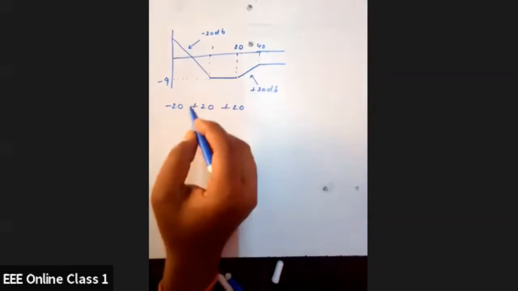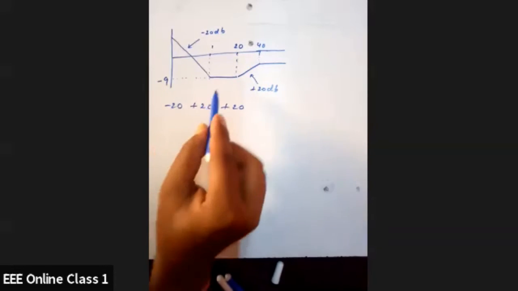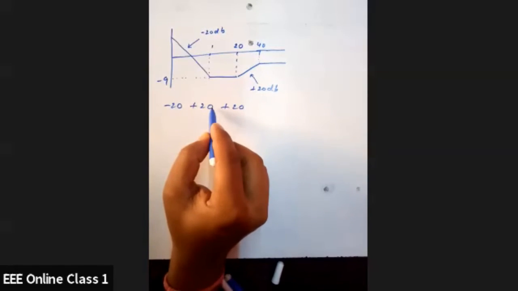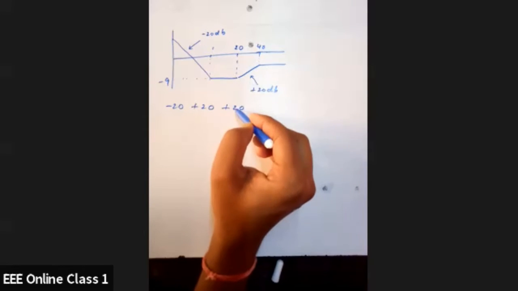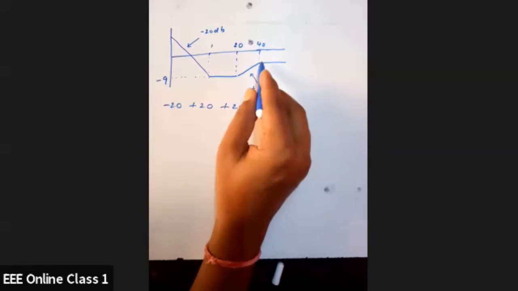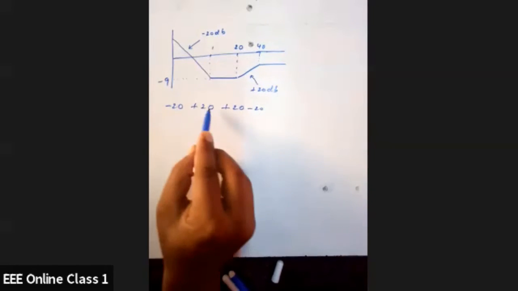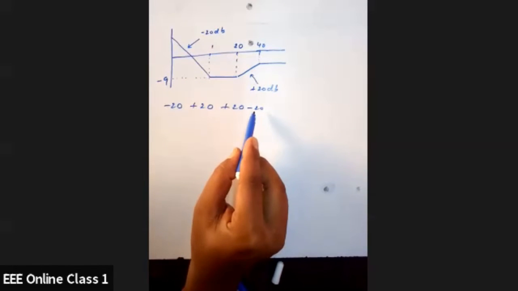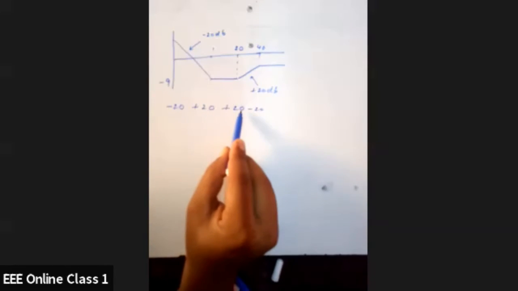So first slope is minus 20, minus 20 plus 20, it has become 0 dB slope. 0 plus 20, it has become plus 20 slope, and plus 20 slope minus 20 dB will become 0. So we have four factors: minus 20, plus 20, plus 20, and minus 20.